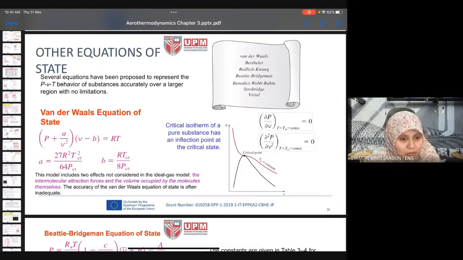Okay, so van der Waals, we can also use this one. It is longer, a bit more complicated, but it is more precise in terms of reality.